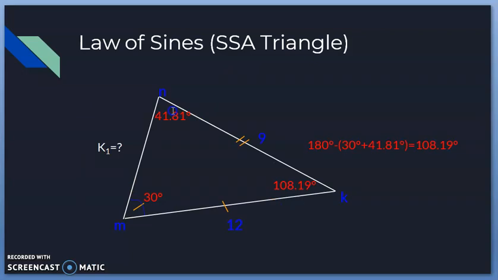We don't know yet if there are 1 or 2 triangles, but we know that there's at least one. There's not 0 triangles because we have the ability to create that here. So we still don't know the side K. However, if we subtract 30 plus 41.81 degrees from 180, we can now find angle K, 108.19 degrees.